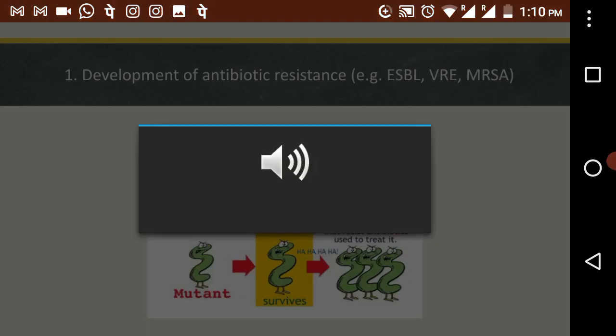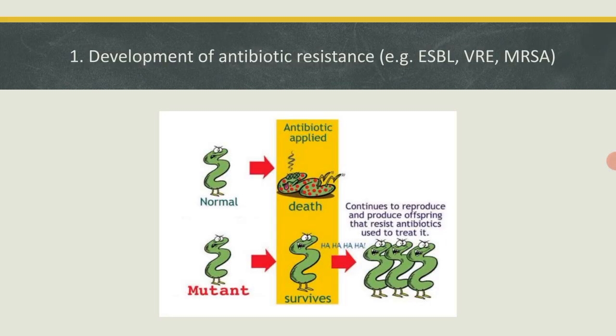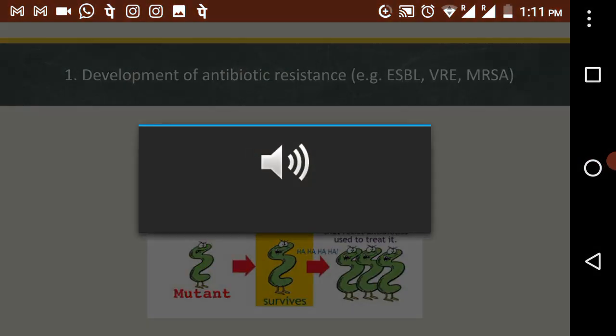Now if we look at the second diagram below, it is the mutant cell. What is a mutant? There is a certain genetic change in its DNA, some addition of genes or some removal of genes, due to which the bacteria has now developed resistance against that specific antibiotic. Now it is called the mutant cell.